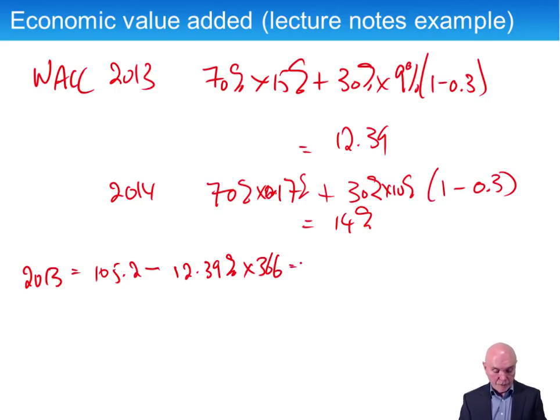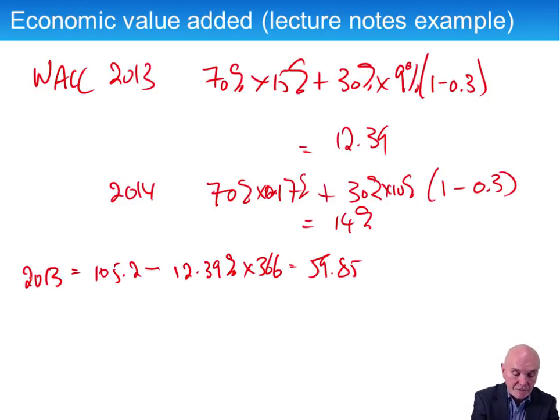So 0.1239 times 366 is going to give us about 59.85. Let me just calculate that. Okay, we have 105.2, which is correct. Okay, 59.85.